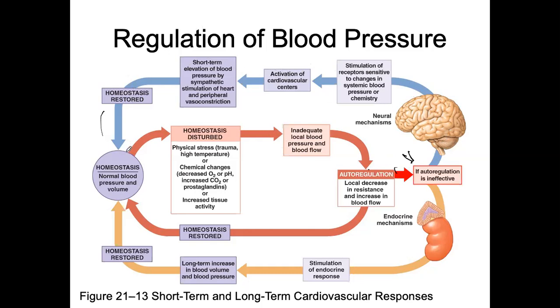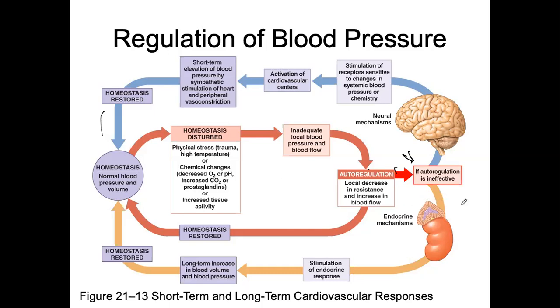And what if the baroreceptor reflex doesn't regulate blood pressure? Like let's say I am dehydrated and blood volume is really low, right? Because I've lost a lot of water to the environment. Let's say I'm hiking out at Joshua Tree in the summertime. And so I go through the baroreceptor reflex and my blood pressure is still low. Then what?